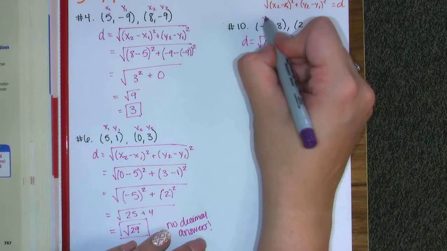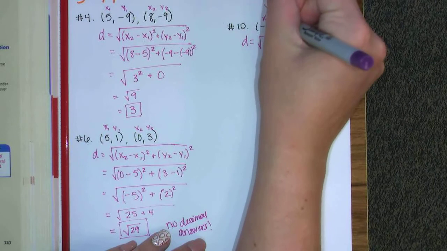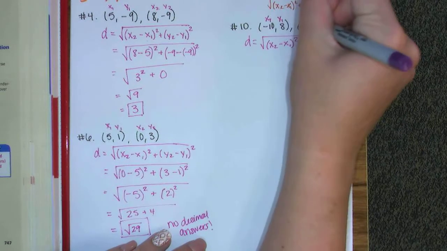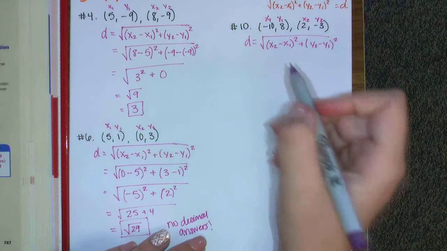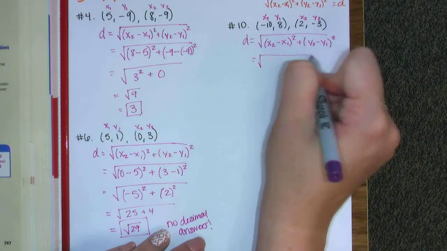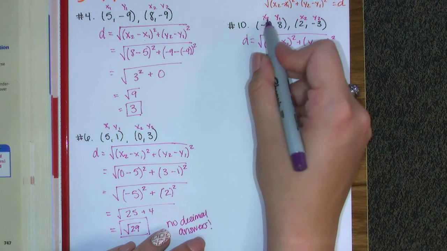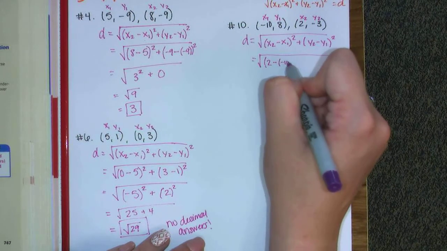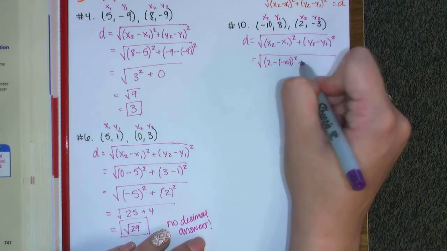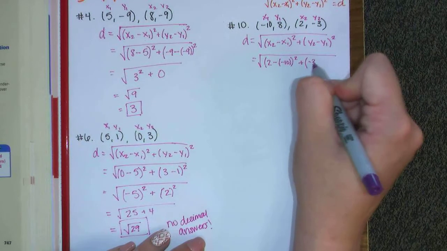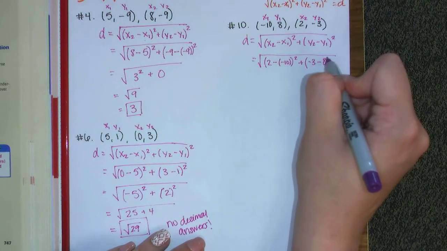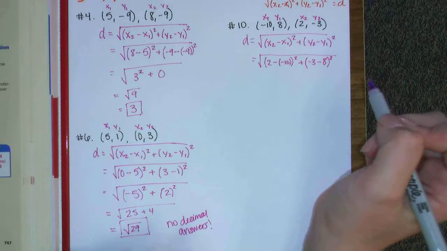This is x1, y1, x2, y2. And now I can just fill it in. x2 is 2 minus x1 is negative 10 squared plus y2 is negative 3 minus y1 is 8 squared.